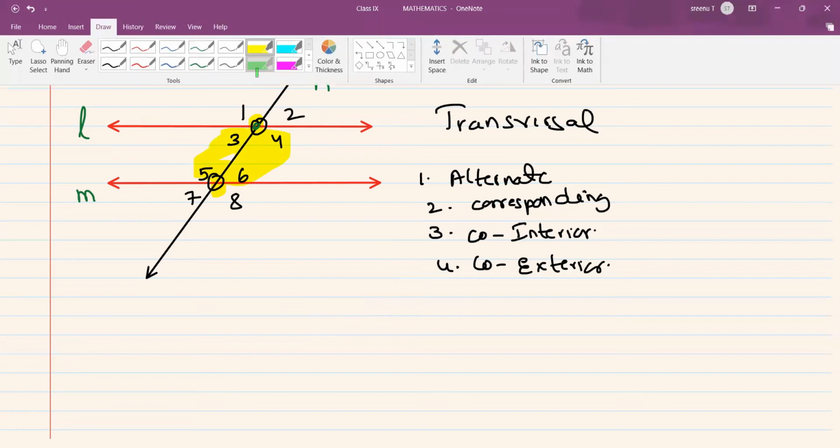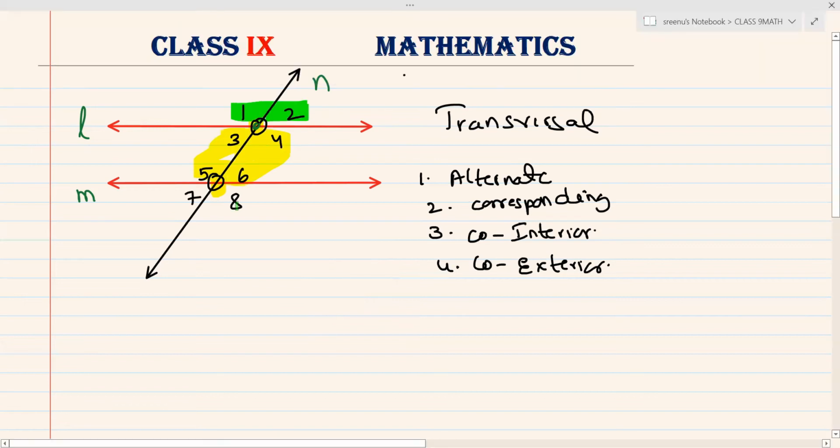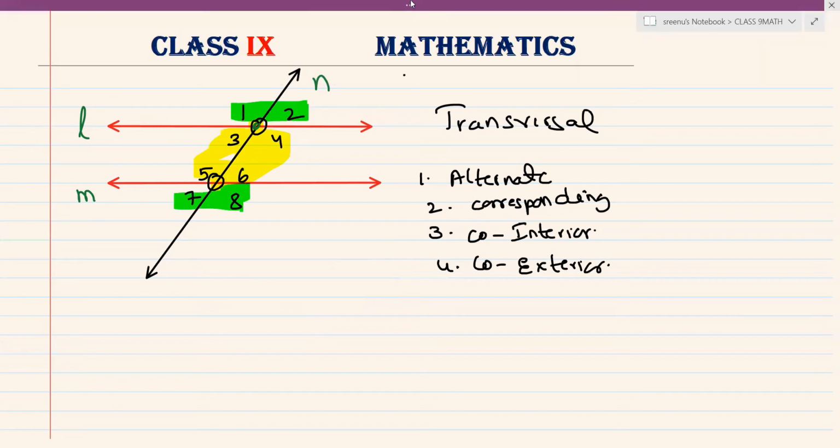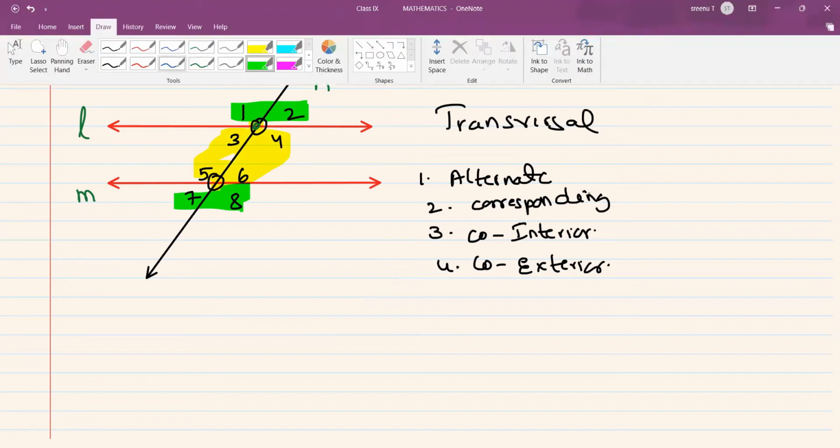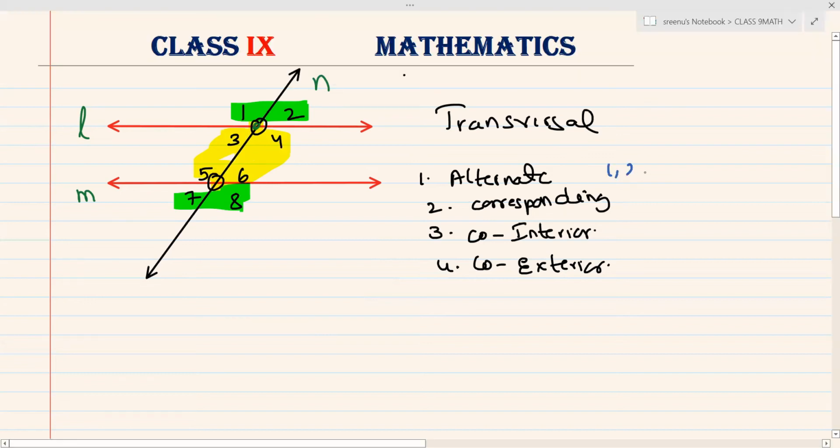Then I mark with green color. These are exterior: 1, 2, 7, 8. These four are exterior, and 3, 4, 5, 6 are interior.